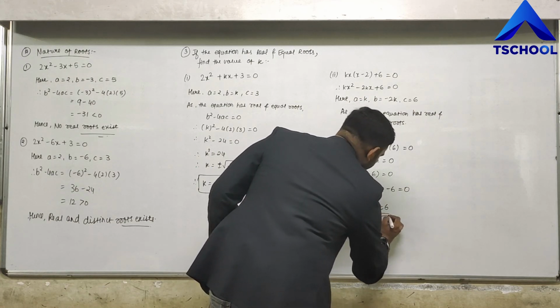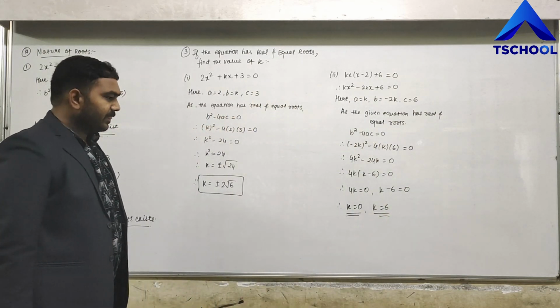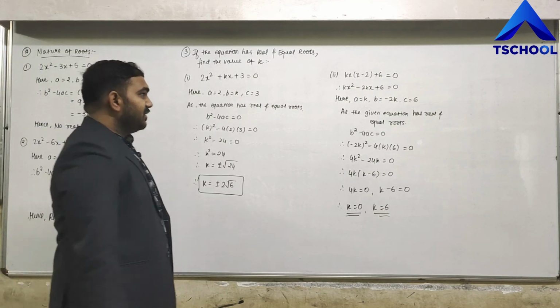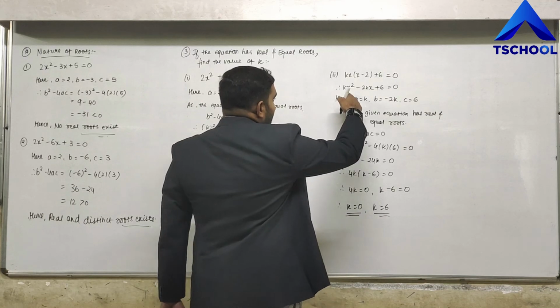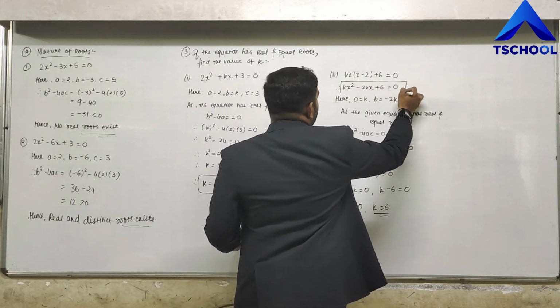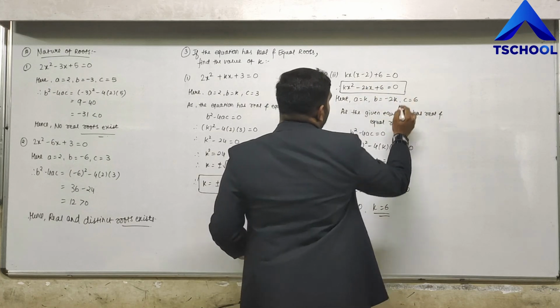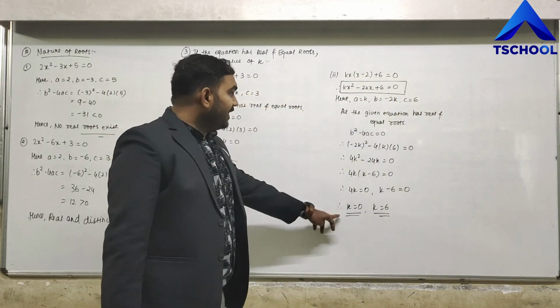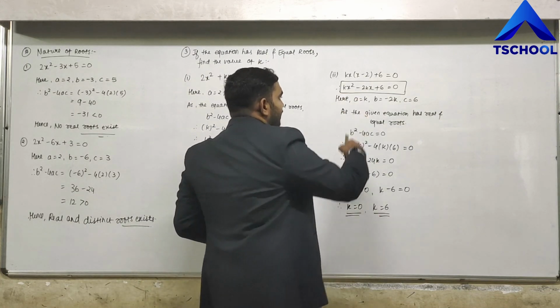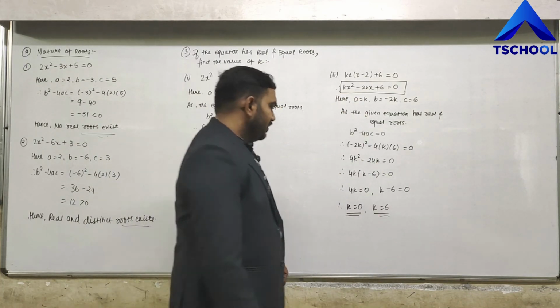Now see friends, here we got two values of k, that is k equals 0 or k equals 6. But if I put k equals 0 in the equation that we have simplified into a quadratic equation, then the x² term becomes 0, right?